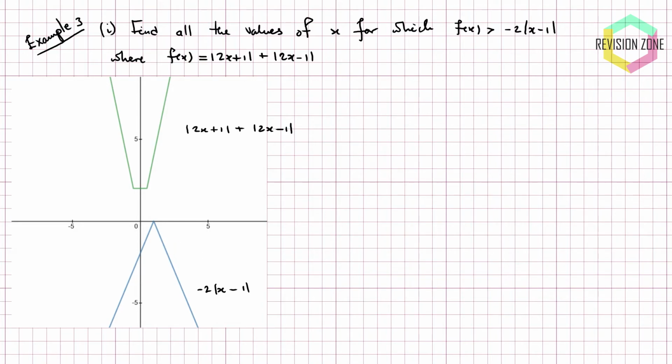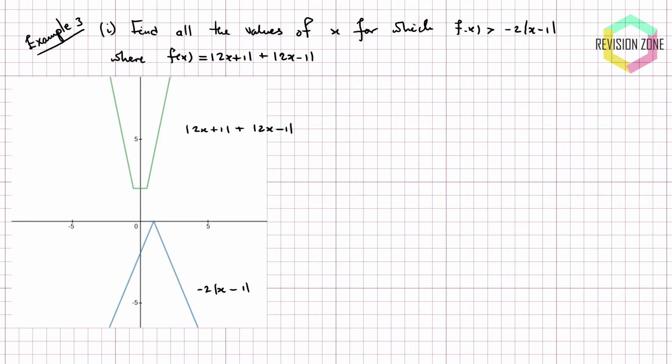If we now want to solve this inequality, we can do that just by looking at this, okay? Because we see that the green graph is always above the blue graph, right? The green graph is our f of x, and the blue graph is our other modulus function, and we precisely wanted to solve the inequality for when the green graph was higher than the blue graph.